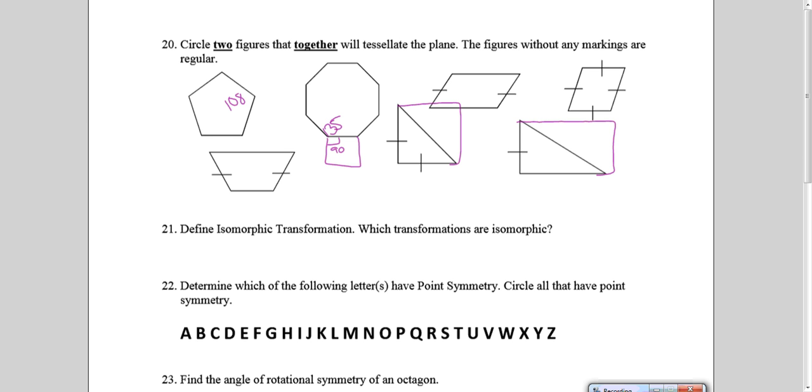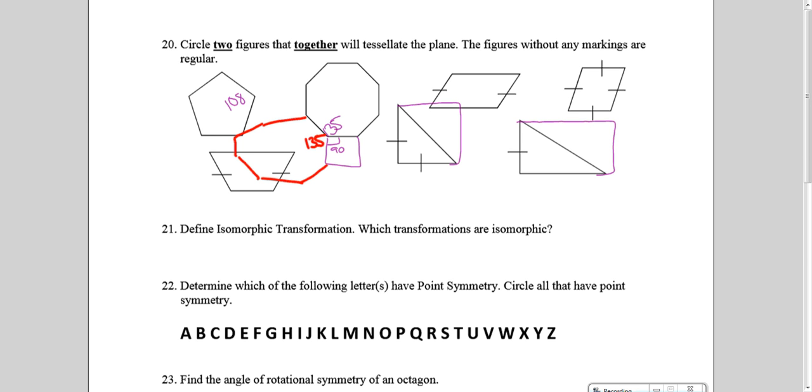Okay, so we know that the square and the octagon can tessellate because if we take two octagons together, I know this angle also is 135, and two 135s and a 90, they make 360. And with tessellations, we're always hunting down that 360. So those are the only ones that will always tessellate together with what we've got.